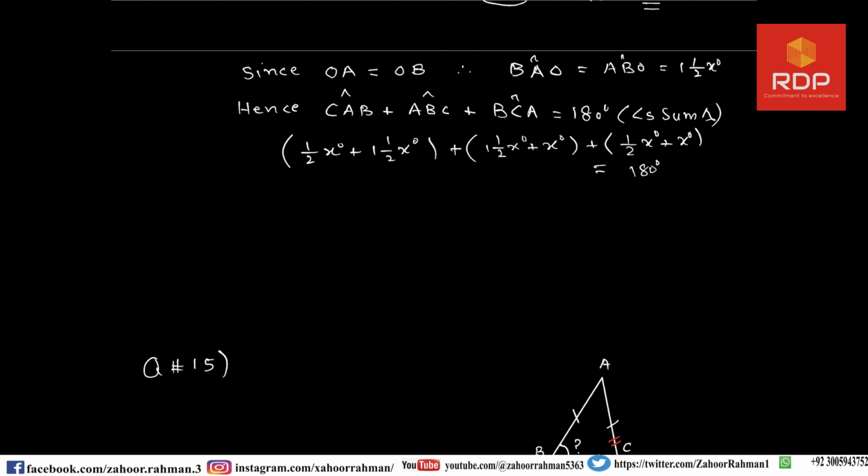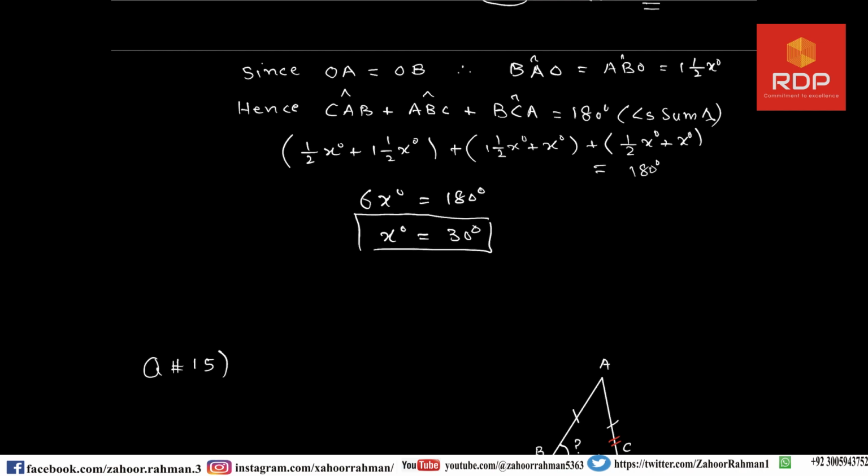Now, without wasting your time, if we solve this, then we will get 6x degree is equal to 180 degree, and x degree is equal to 30 degree.